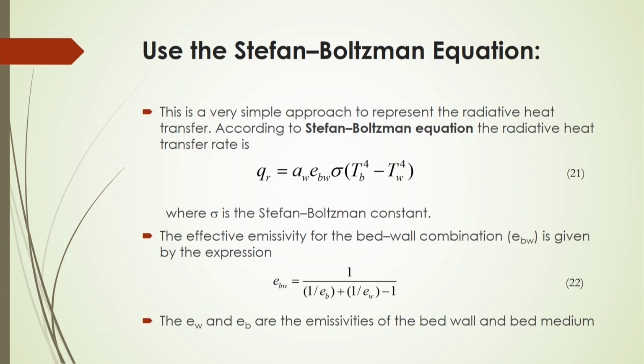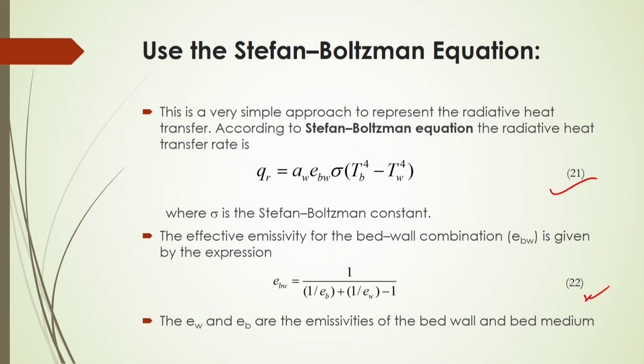Now, the Stefan-Boltzmann equation is a very simple approach to represent the radiative heat transfer. In this case, according to the Stefan-Boltzmann equation, the heat transfer rate can be estimated by equation number 21, where sigma is the Stefan-Boltzmann constant. The effective emissivity of the bed wall combination is given by equation 22.